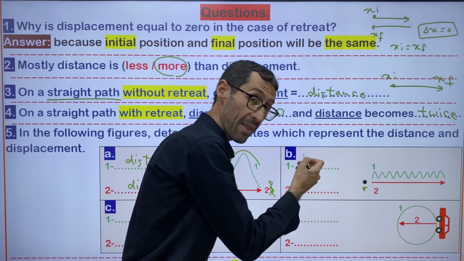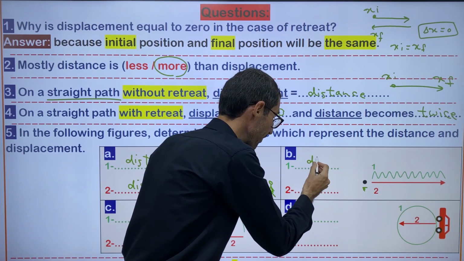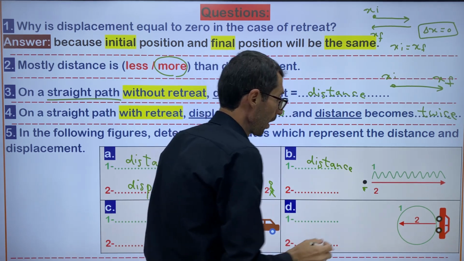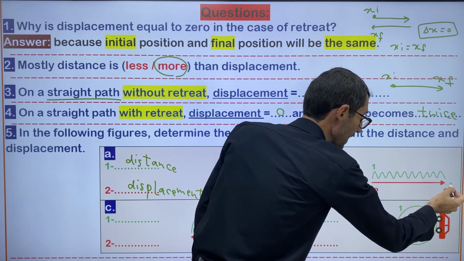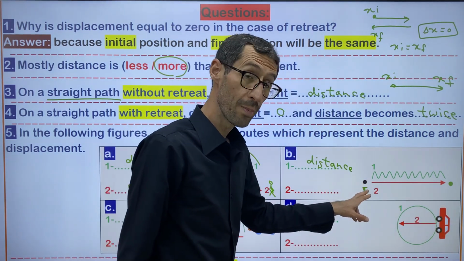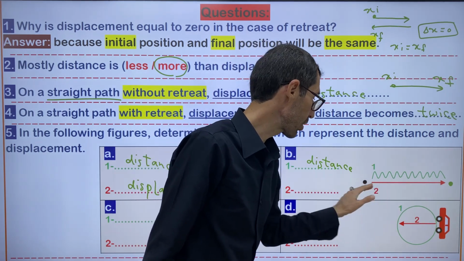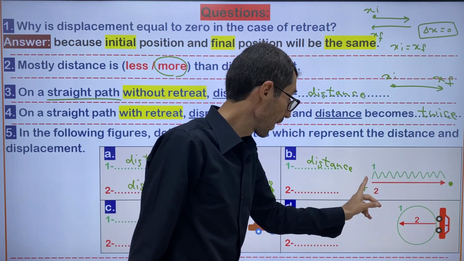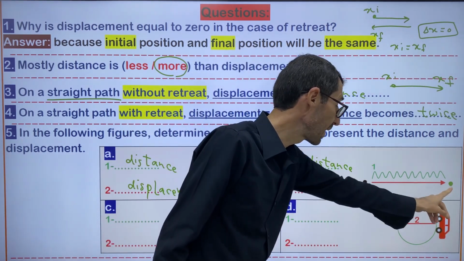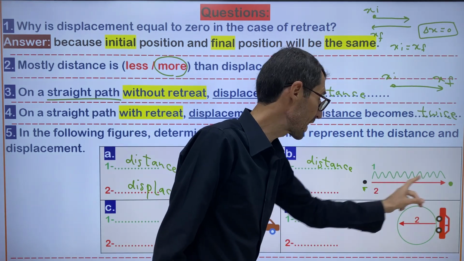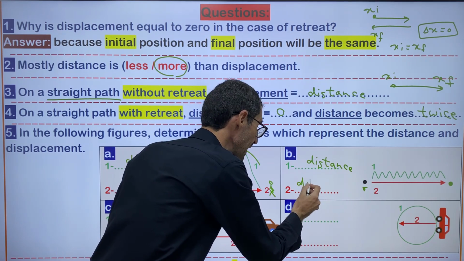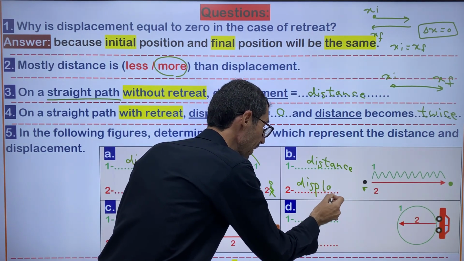The zigzag path is considered a distance, right? The particle travels the distance and reaches here. Whenever you draw a straight line from the starting point to the ending point, this straight line is called displacement, right? Displacement.